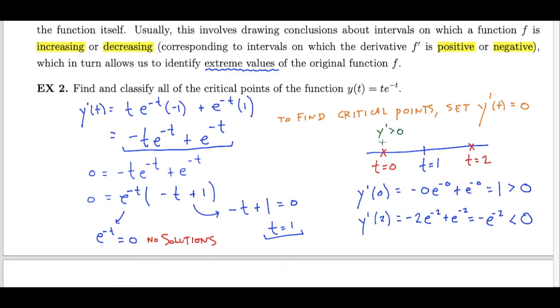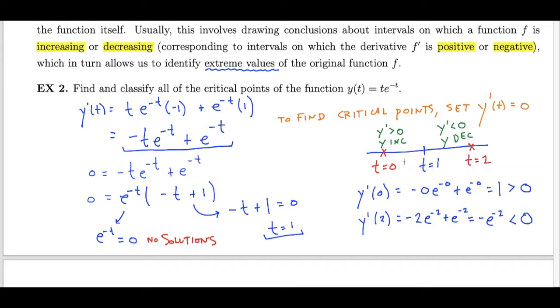That means that my function, y in this case, is increasing. Similarly, I can note that to the right of my critical point, the first derivative is negative. So that indicates that my original function is decreasing.